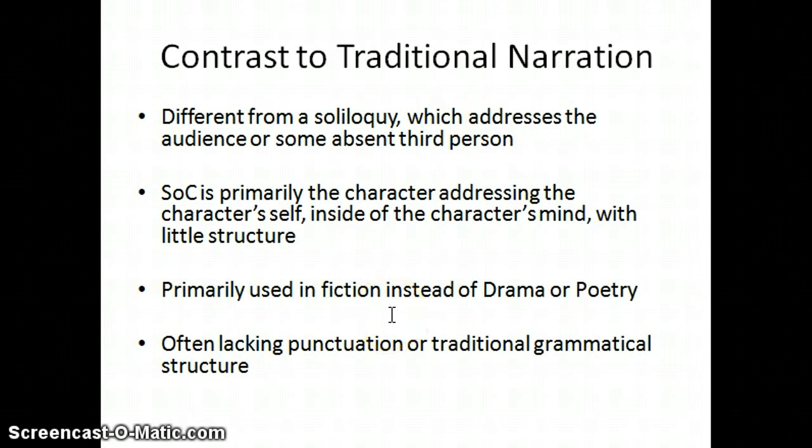Primarily, this technique is used in fiction instead of drama or poetry, though it is used in poetry to a degree after, say, 1920 or so. Often, stream of consciousness is also lacking in punctuation or traditional grammatical structure. Sentences can be whole pages long or more, whereas more traditional works follow a traditional structure and pattern of grammar.